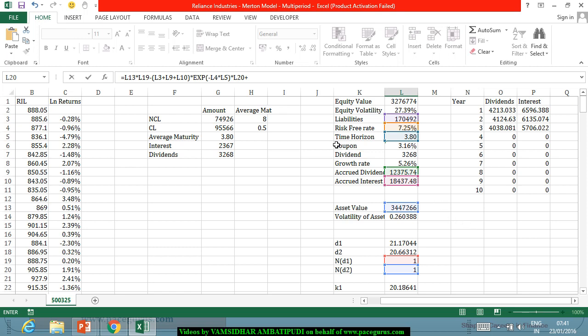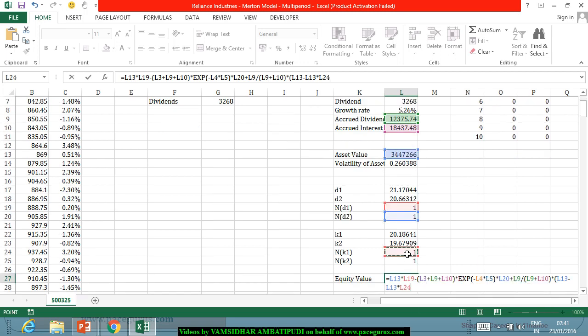So I am taking it as D by D plus I. This I am multiplying with AT minus AT times ND1, or here we call it NK1.